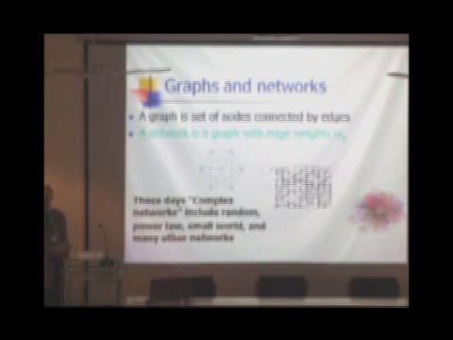And if you've been reading the literature, you know that there are complex networks everywhere. And what is a complex network? Well, that depends a lot on who you talk to. Almost everybody would agree this is not complex. Almost everybody would agree this is complex. This is the network for the internet, Barabasi's work.